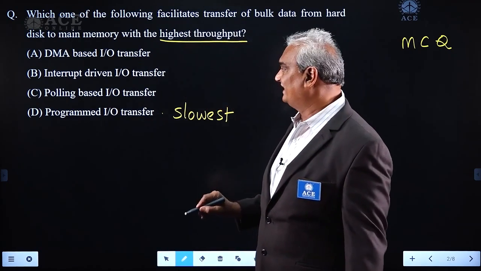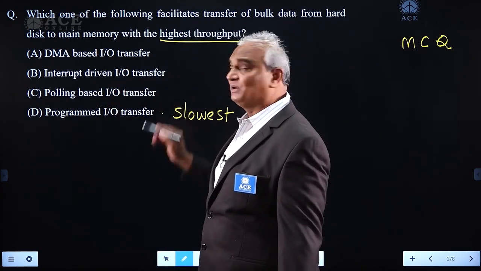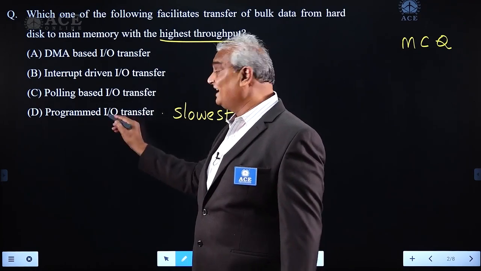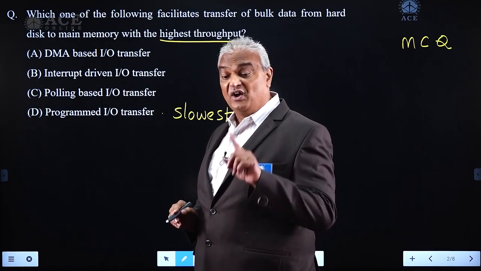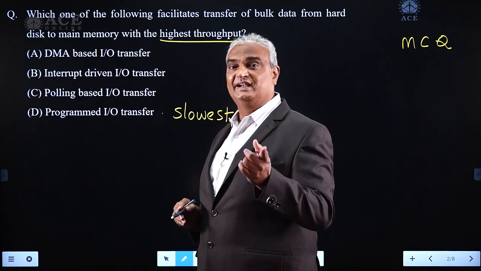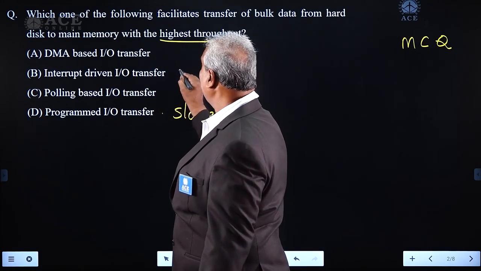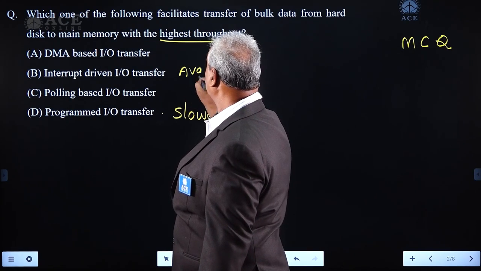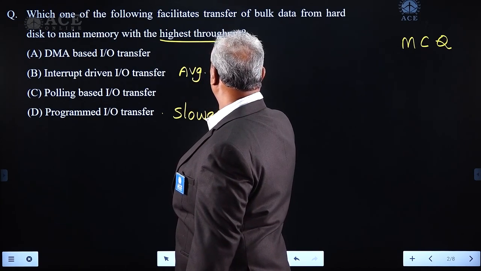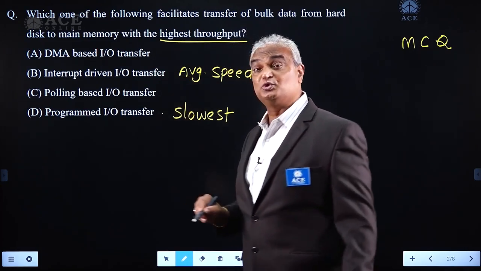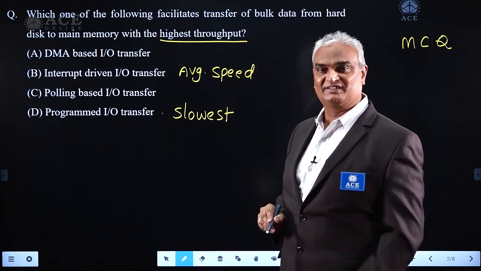Slowest method. Next, what about interrupt-driven IO transfer? It is faster than programmed IO, but for one interrupt request, it can transfer only 1 byte. So, it performs only average speed. At the same time, it is used to save the valuable time of the processor.